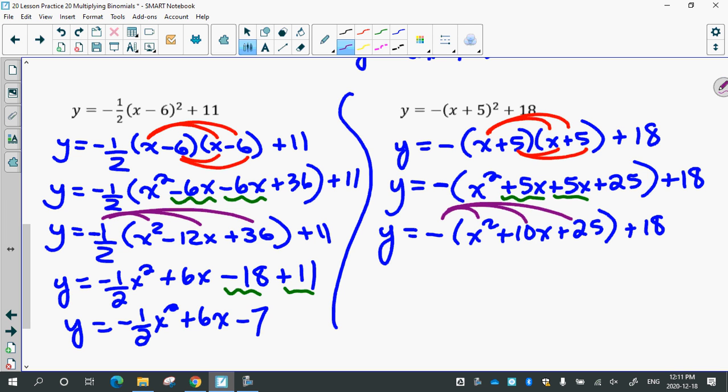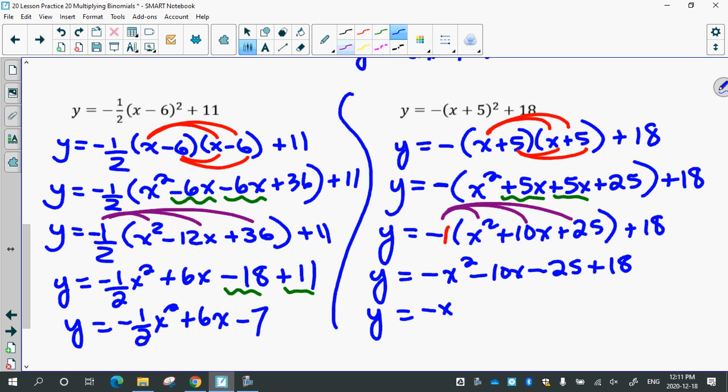When you think of a negative distributing, you think of a -1 multiplying each of those things inside the bracket. So it's going to give you negative x squared minus 10x minus 25 plus 18. And then you can combine the -25 and the plus 18 and get -7. Okay, so that's how you convert from vertex form to standard form.